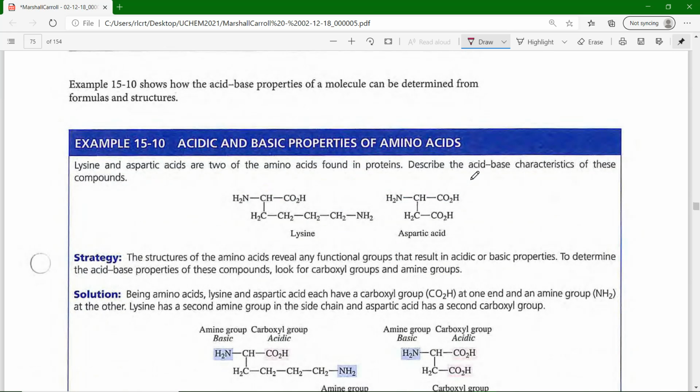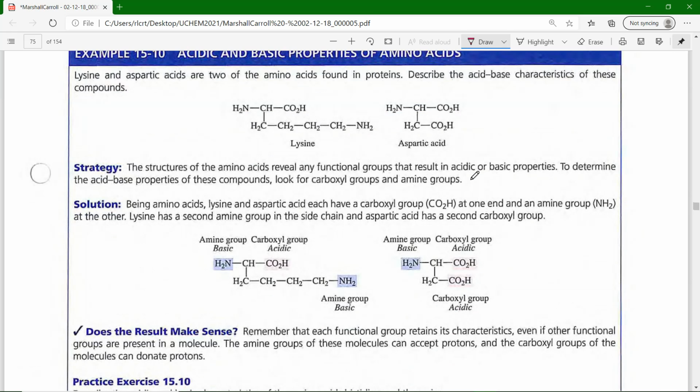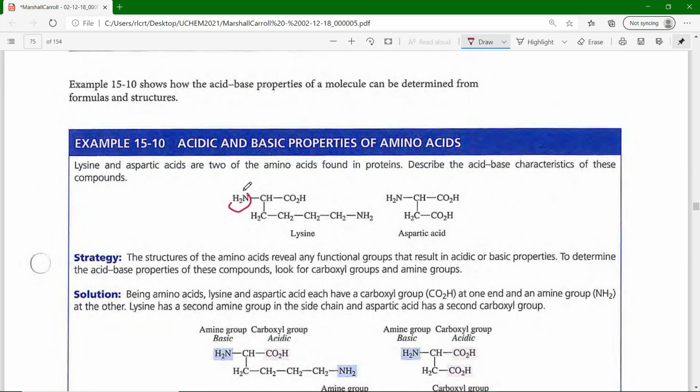Here we have some amino acids, which are complicated, right? They have both an acidic group and a basic group. Lysine and aspartic acid are 2 amino acids found in proteins. So you see here you've got an amine group and a carboxylic acid group, and another amine group in lysine; in aspartic acid, an amine group, a carboxylic acid group, and another carboxylic acid group.